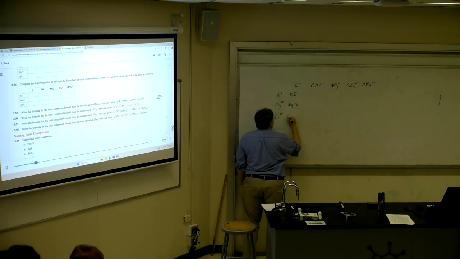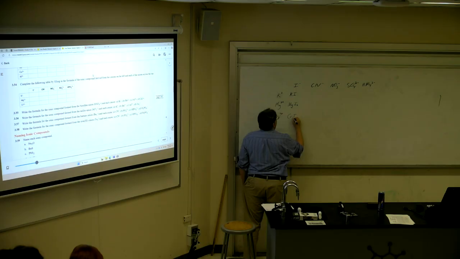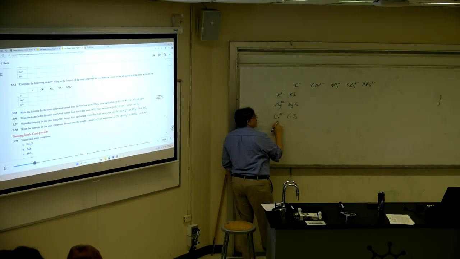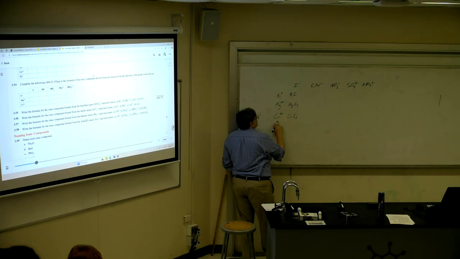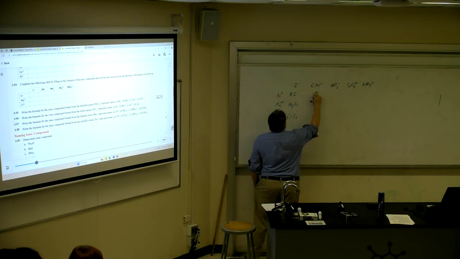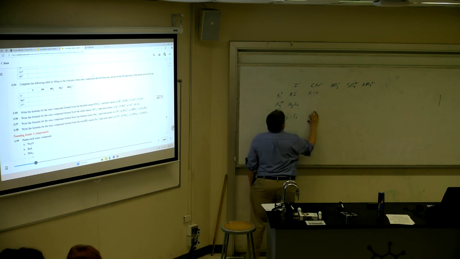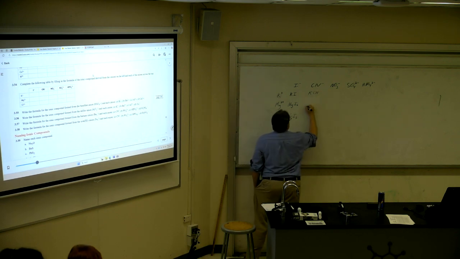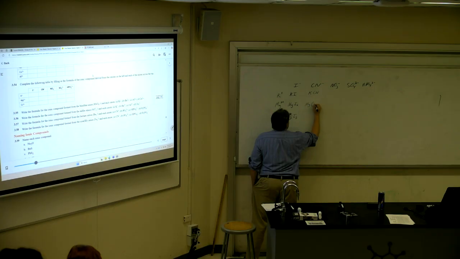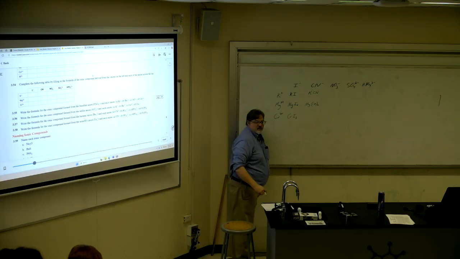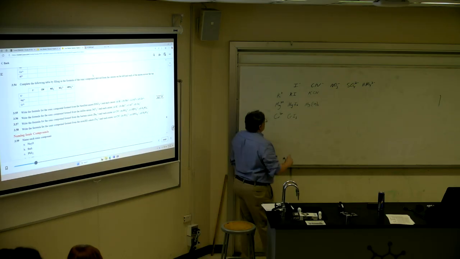Magnesium and iodine, there's 2 plus charges here, plus 2. So we need 2 of these to balance it. And for Cr, we'll need 3 negative charges to balance that. 1 plus and 1 minus, so these kind of come out the same.